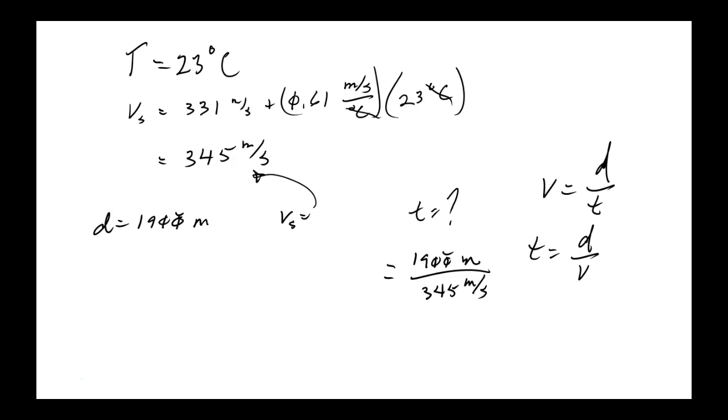Notice our units, your friends, our units. Meters cancel out, and you have 1 over 1 over second, which is seconds. So the time will be measured in seconds. It looks like it's going to be less than 6, doesn't it?